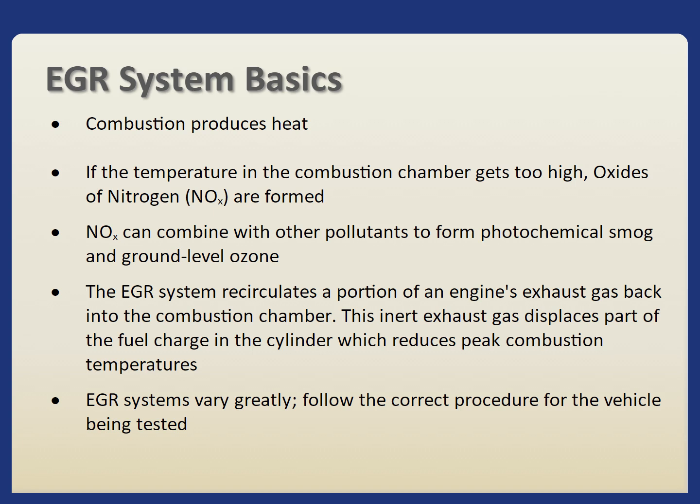It is important to know that test procedures for EGR systems can vary greatly. Therefore, it is critical to use all available resources and reference materials to perform the proper test procedures for the vehicle being tested.